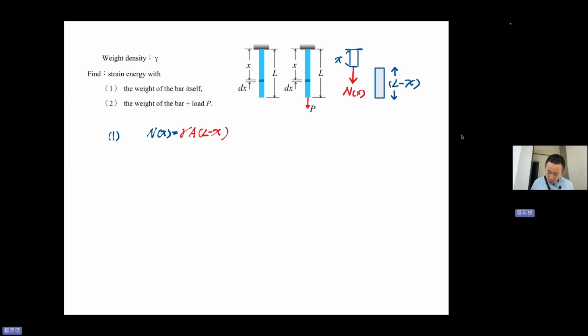Okay, so the first one, and this is the second one with the force, right?